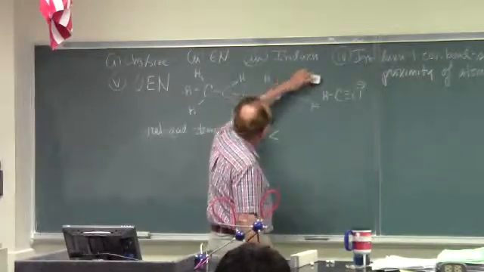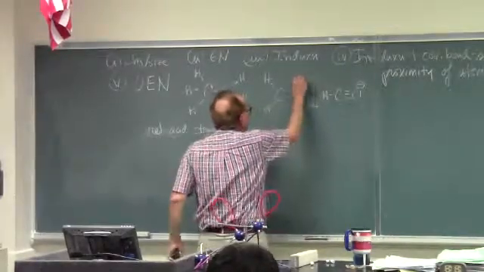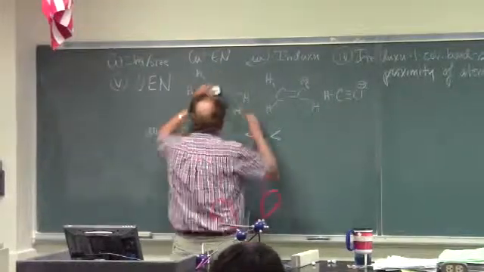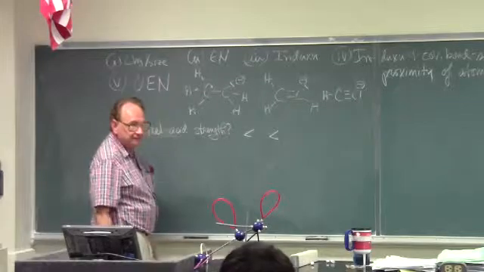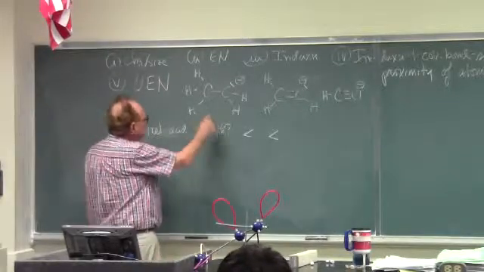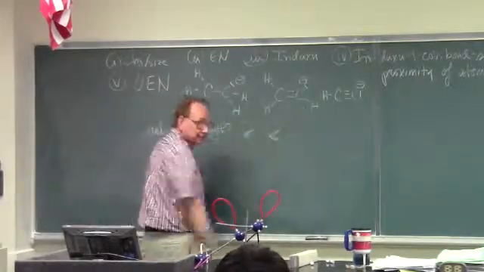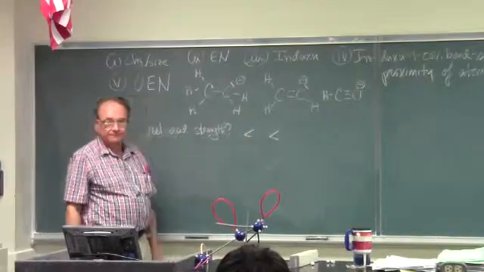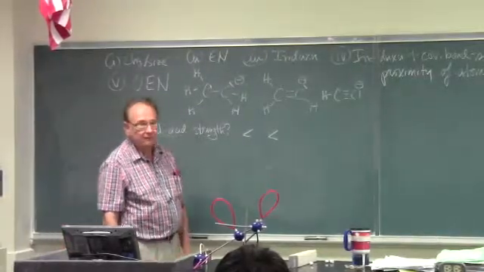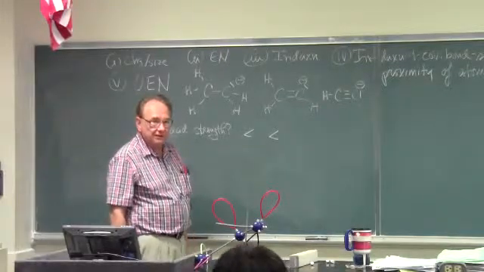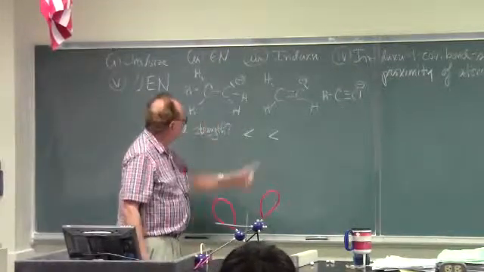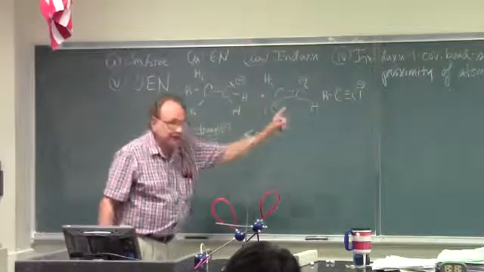Same for this and this. Those are the bases. Clearly as bases, this is the strongest and that's the weakest. We want now to have an argument which allows us to understand why. For these 3 bases, this is the strongest and that is the weakest.